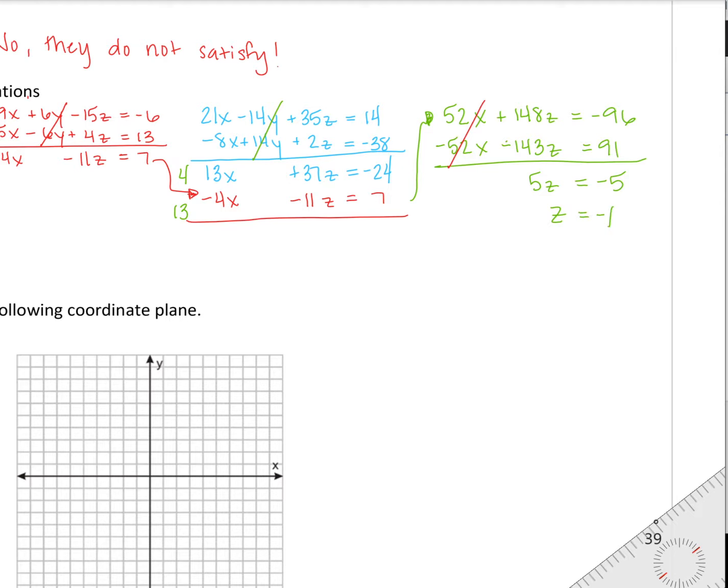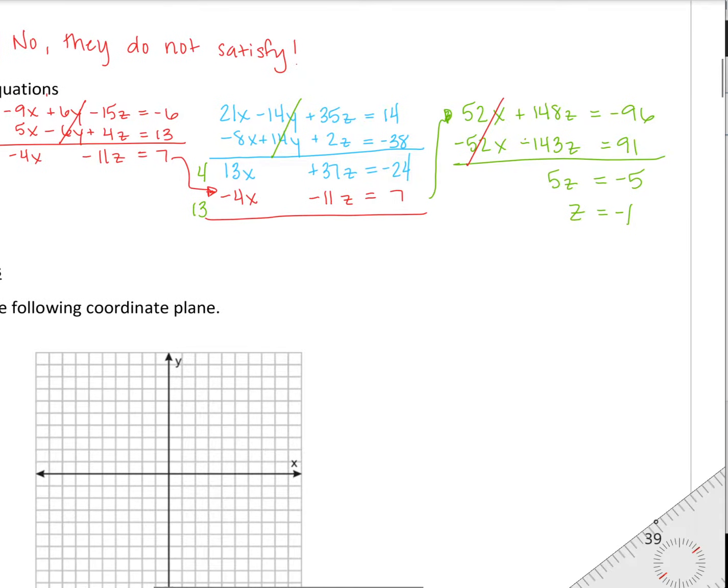Awesome. So I'm going to choose one of my equations that has just x and z in it already, and I'm going to plug that z in. So I'm going to choose that very first one that I did. So I have -4x minus 11z equals 7. Oops. And I'm going to plug that -1 in and see what I get.